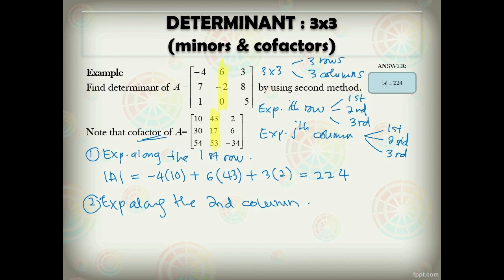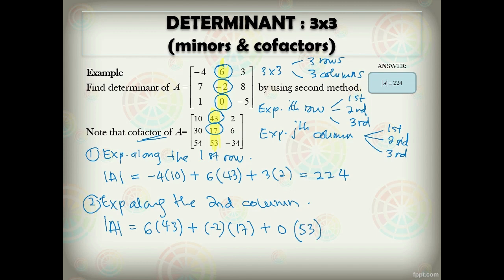The determinant of matrix A, when we choose to expand along the second column, is the first element of the second column from matrix A, which is 6, multiplied with the first element of the second column of cofactor A. So 6 times 43, plus, it always adds, the second element, which is minus 2, multiplied with 17 from cofactor A, plus the third one from A, which is 0, multiplied with 53 from cofactor A. If you substitute these values into your calculator, you should get 224.